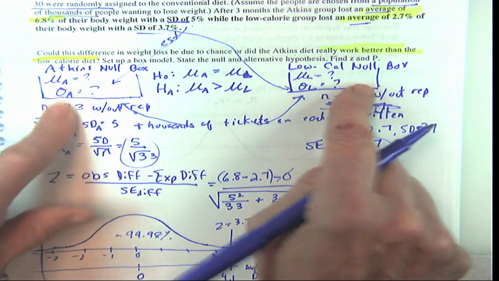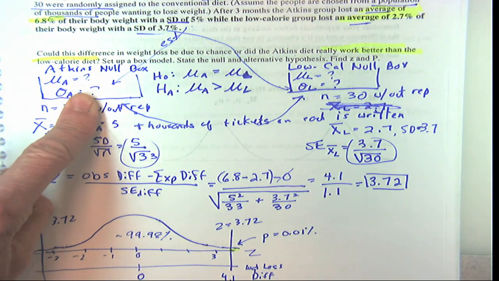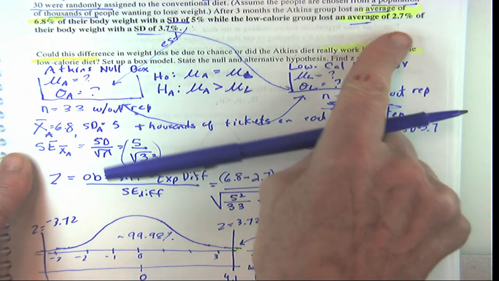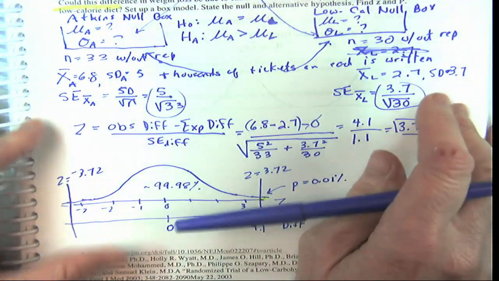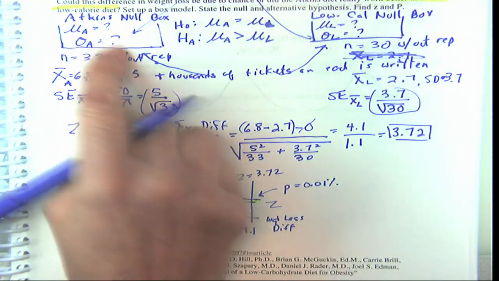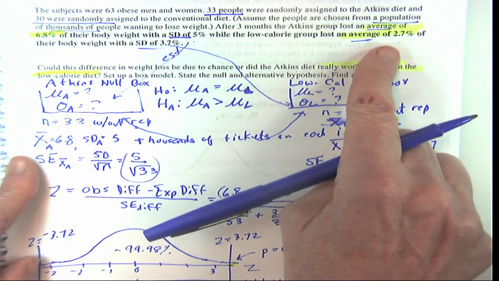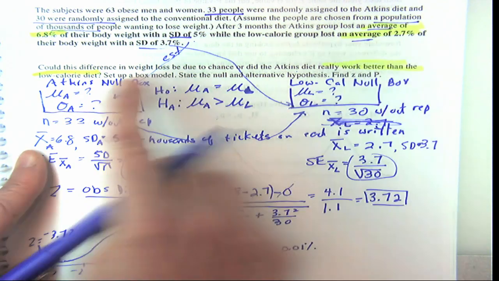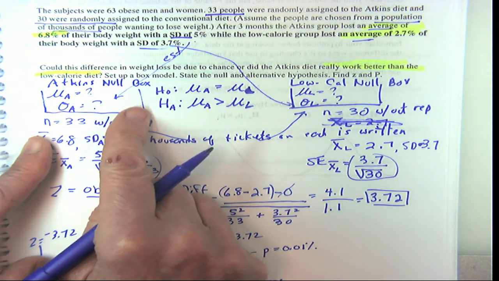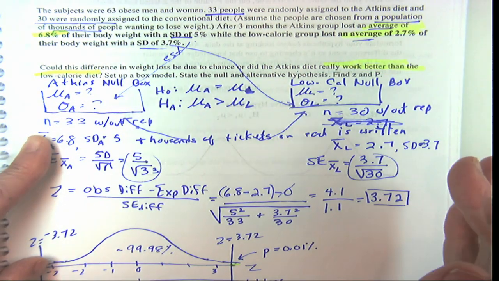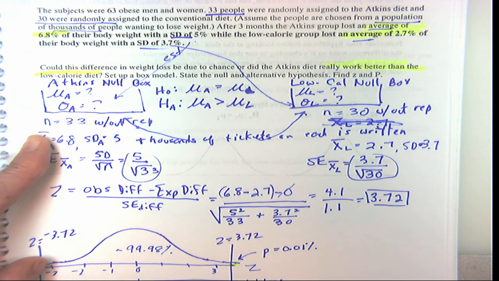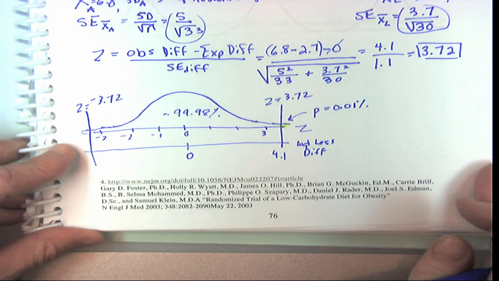If you put all the percents on an exam in here, they wouldn't be percents, they'd really be numbers, not classifications as zeros and ones. Do you see the difference? Good question. Don't get fooled by that percent sign. When would we use that? If it was what percent of the population in each group lost weight, like 80% lost weight here and maybe only 70% lost weight here, then it would be the answer to a yes or no question. All right, any other questions before we move on?